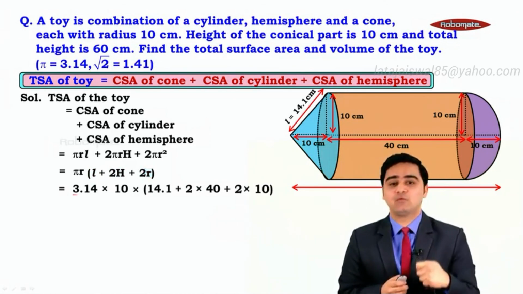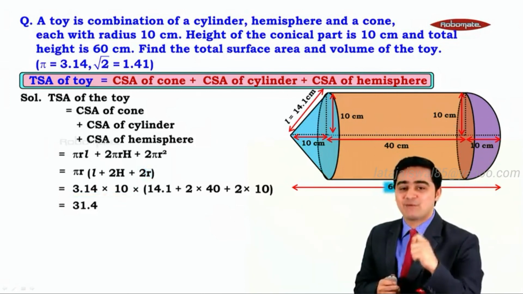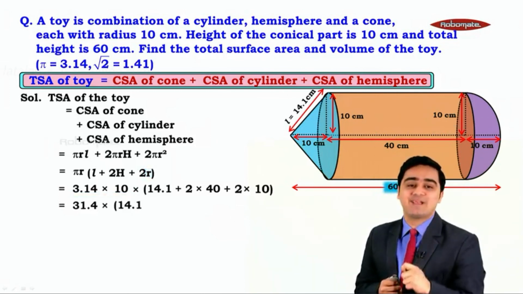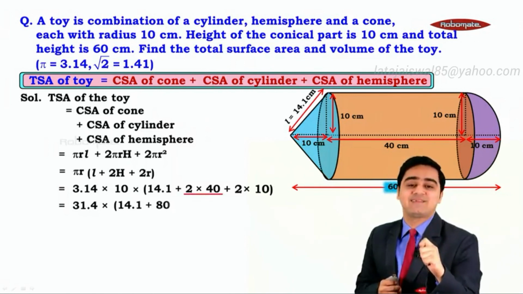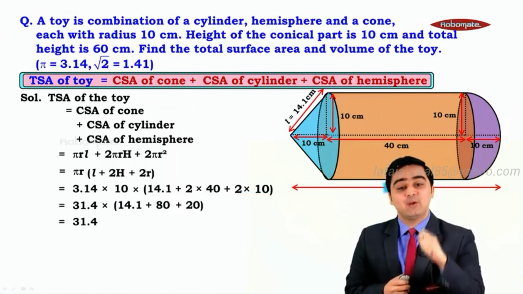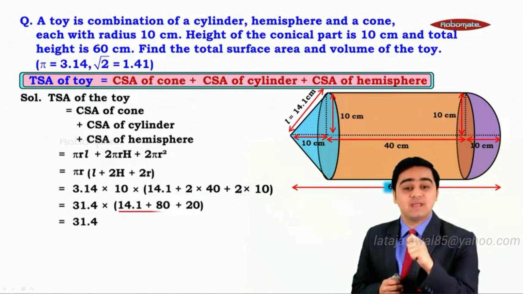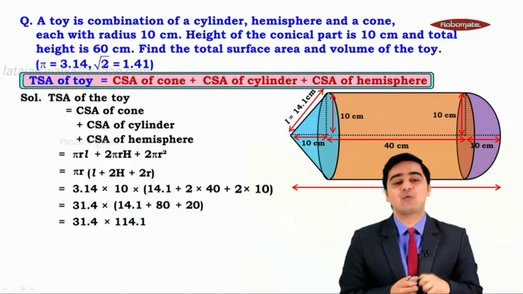Now let us further solve this. 3.14 into 10 is equal to 31.4. Inside the brackets, first we'll write 14.1. Now 2 into 40 is 80 and 2 into 10 is 20. Now 31.4 is the next step into 14.1 plus 80 plus 20. Yes, it is 114.1.